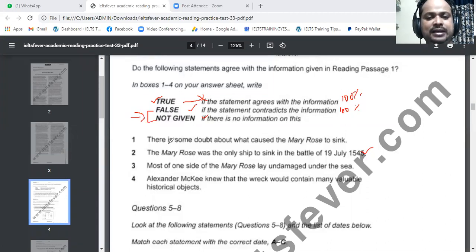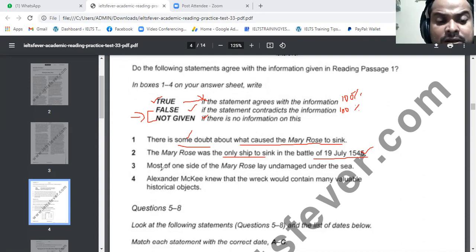We have already seen this once. Let's see that again, the main points we need to underline. I have not seen the paragraphs here. There is some doubt. I have underlined this particular area: what caused Mary Rose to sink? This is what I have to look for in the paragraph. The second, Mary Rose was the only ship when it sank in 1545.